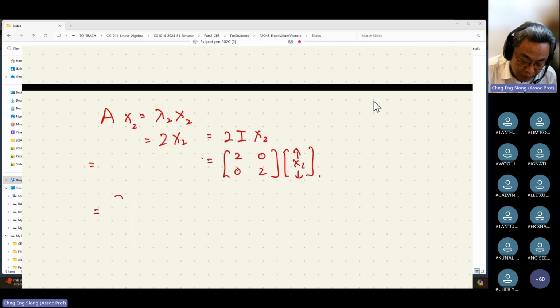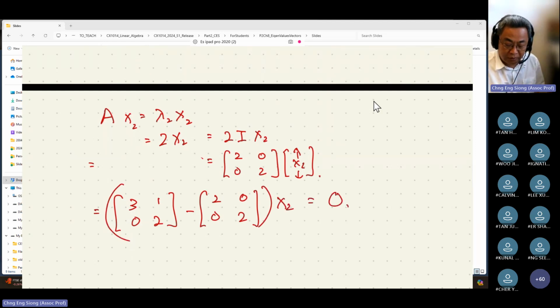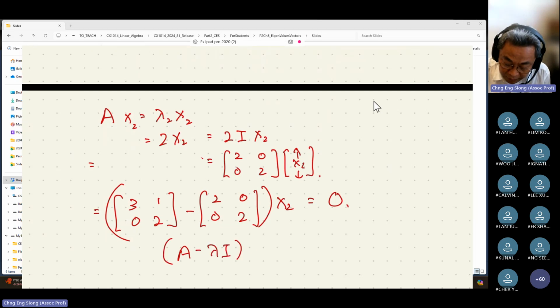The matrix 3 0 1 2 minus 2 0 0 2 times x2. So this is A minus lambda I times x2. This is the equation we are doing.